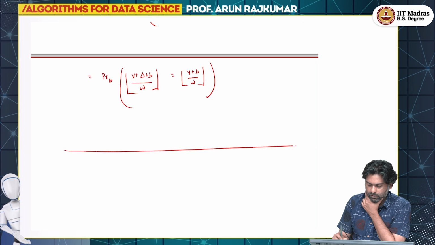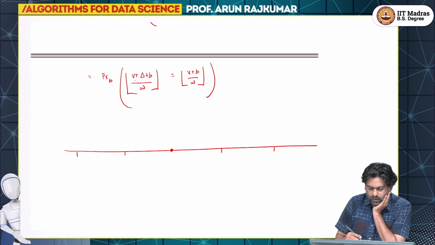So, I have the real line and I am cutting it at width of W, and now I get, let us say V, and then some B gets generated, I get V plus B, right. So, for the moment let us say this is my V, okay.